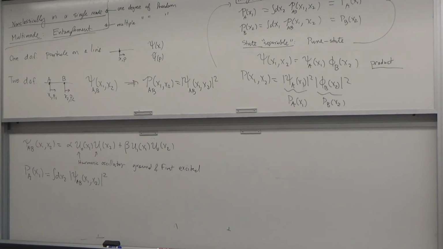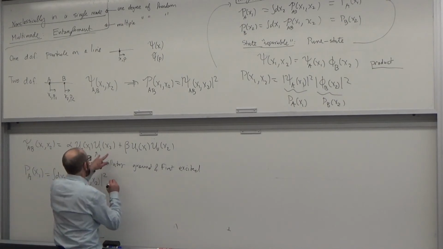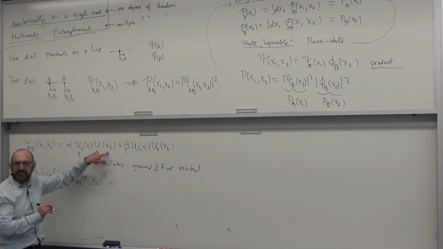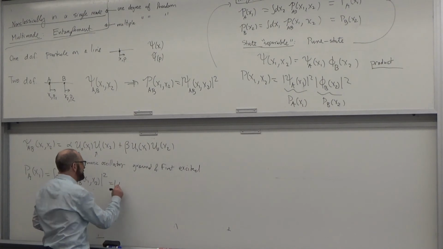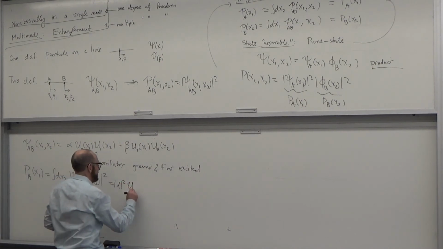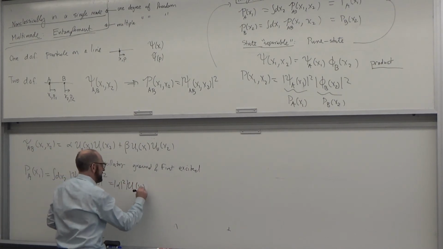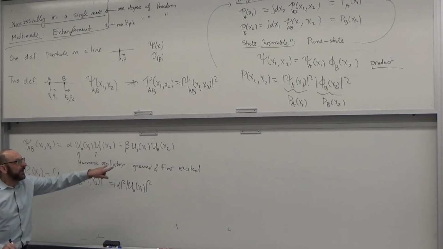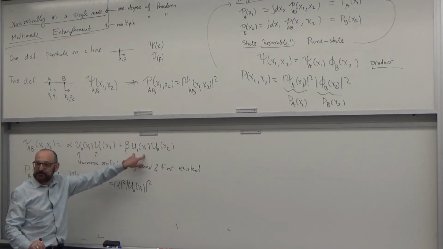You have to square that, and then do the average. So I'm going to get the square of this term. Average over 2, that's normalized. So I'm going to get alpha squared times that. And then I get the square of that term.